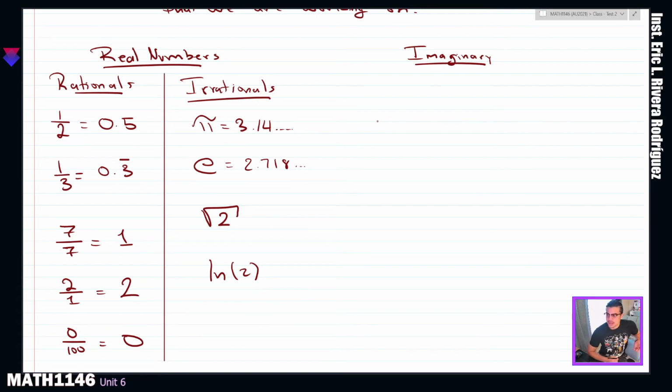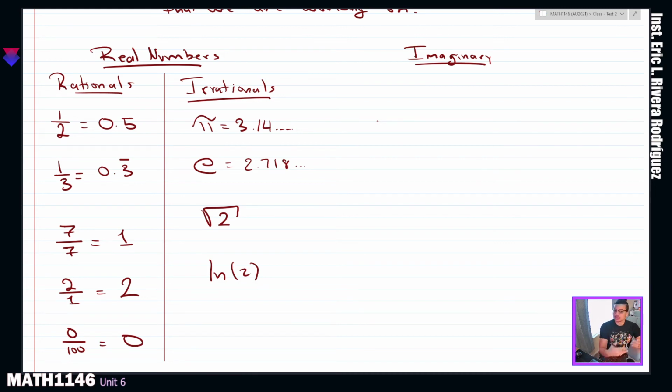The history behind the name of this group of numbers is that for so long they were present, but if we are just working in a coordinate plane with real numbers, we are not going to be able to see the imaginary numbers, hence the name. But I don't want you to feel scared about just the name, okay?